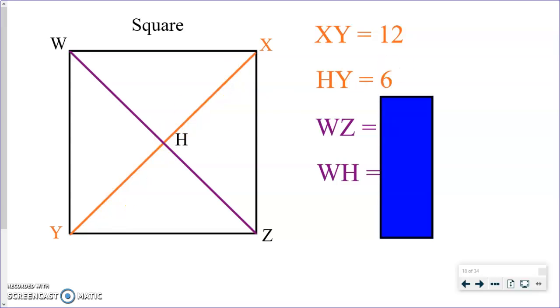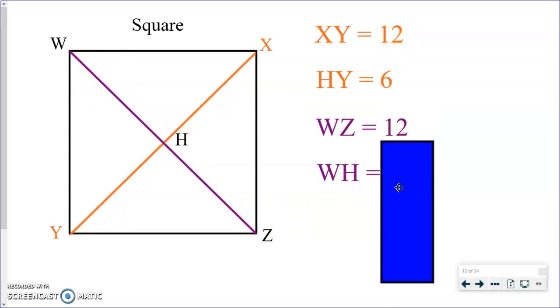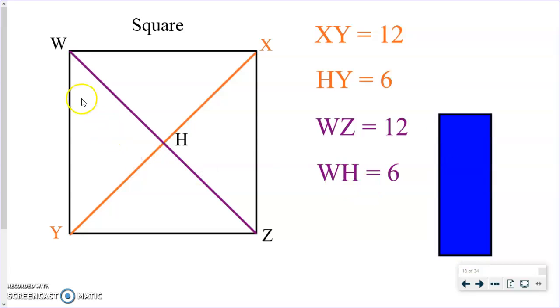So if XY is 12, WZ is also going to be 12. And then WH, in a square, all of these are congruent. Same thing as any other rectangle. So WH is also 6.